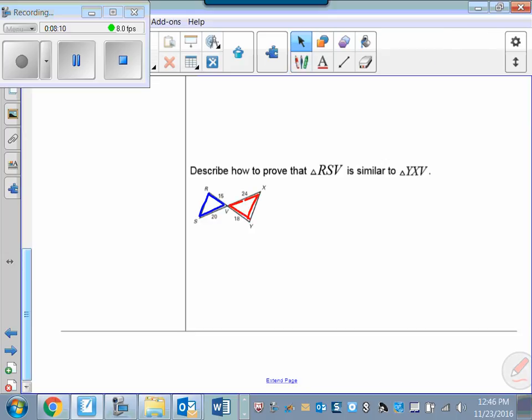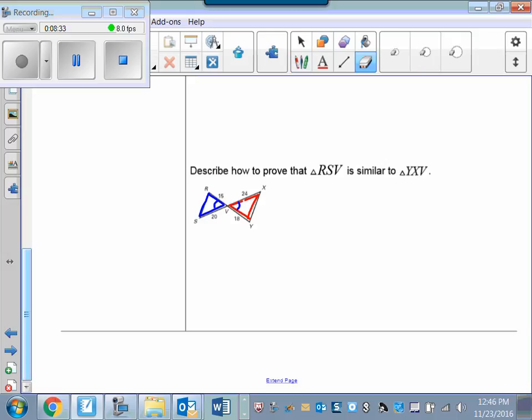Well, it looks like side angle side to me because they've given me two sets of corresponding sides. I know that these angles are congruent. So let's just make sure that we do have proportional corresponding sides. So let's take RS, no, not RS. How about SV?